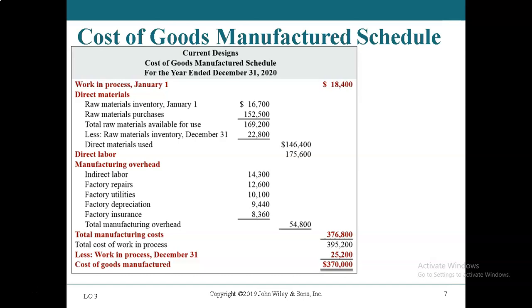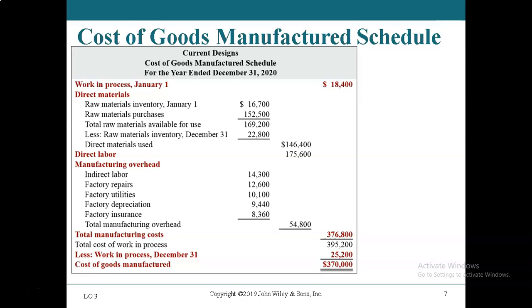So what is the total cost of all the stuff I'm working on? Well, how much stuff did you have at the beginning? $18,400. Plus, how much stuff did you start working on? What is the total manufacturing cost? That's $376,800. So the total cost of work in process is $395,200.